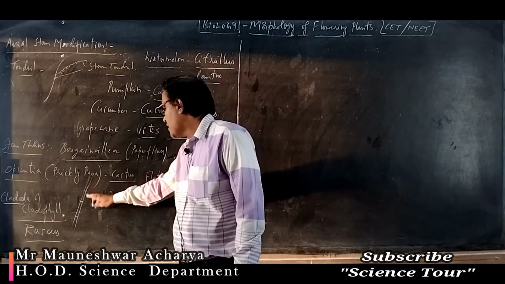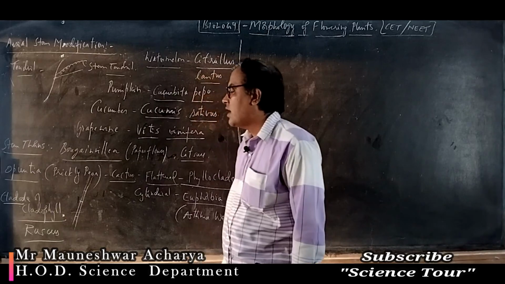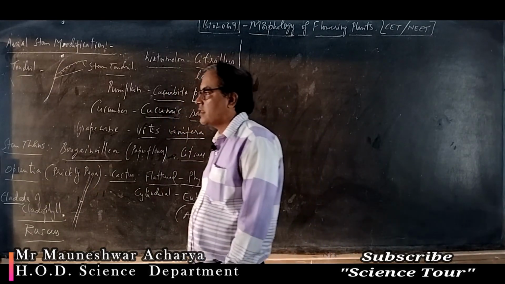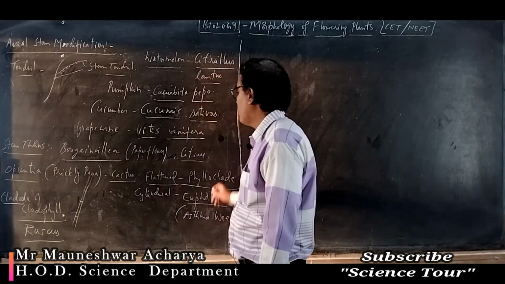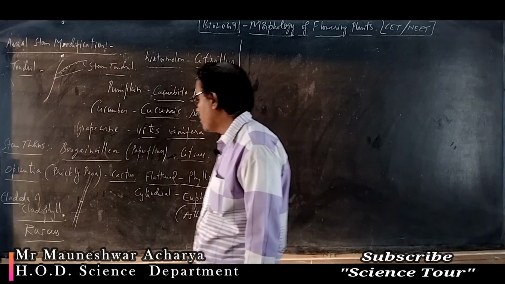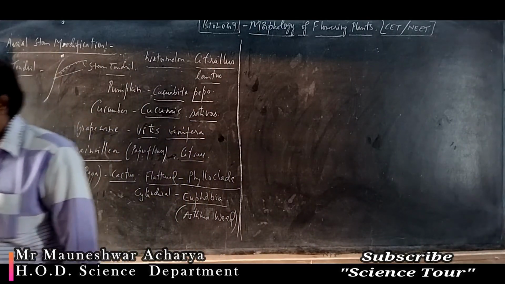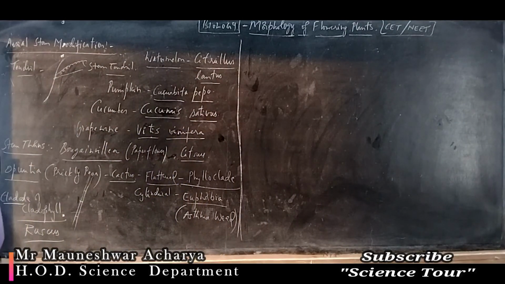But here the stem has restricted growth, not unlimited growth, and has one or two internodes in length. So for phylloclade you give Opuntia and Euphorbia as examples, and for cladode or cladophyll the example is the Ruscus plant. They have chlorophyll and can synthesize their own food.